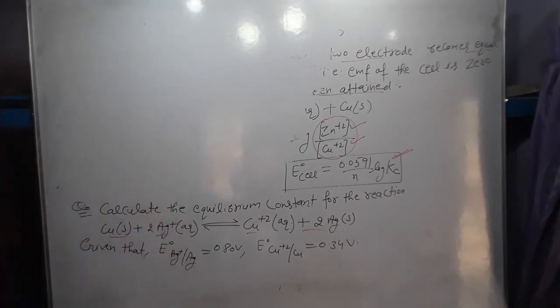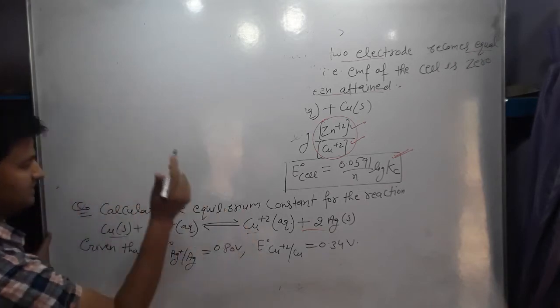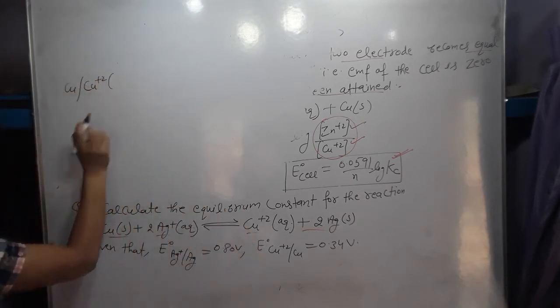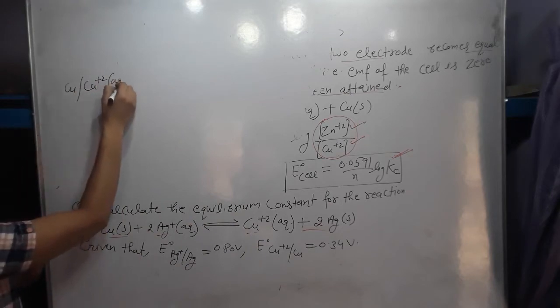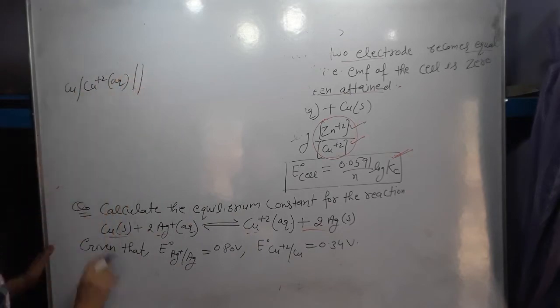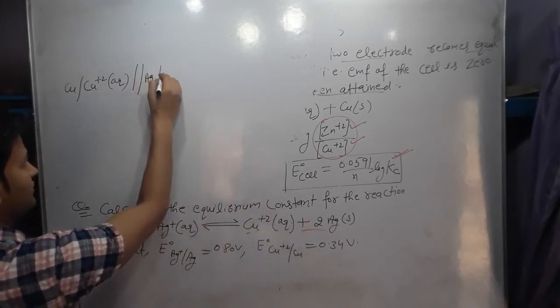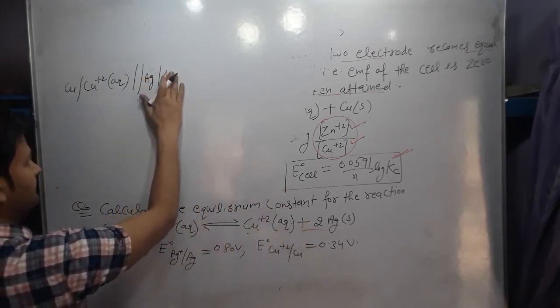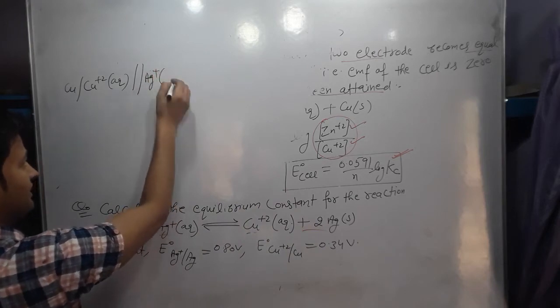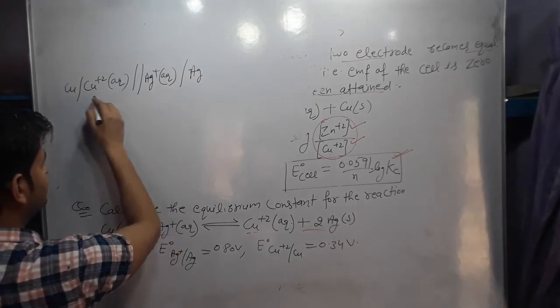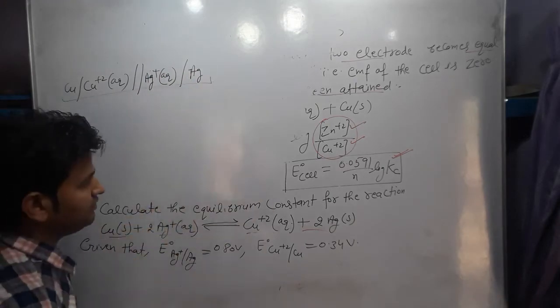The cell can be represented as copper undergoing oxidation, so it is written as copper, copper 2 plus with concentration, aqueous. Salt bridge is applied. And silver undergoes reduction, so it can be written as silver ion aqueous, silver. This is our representation of the cell.